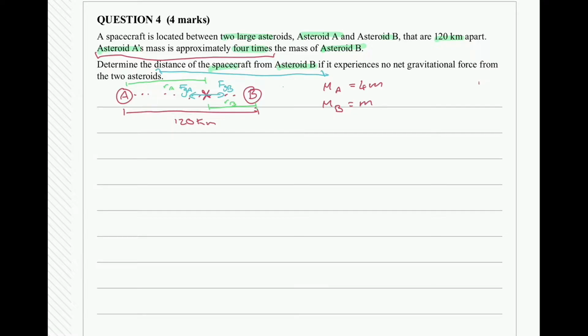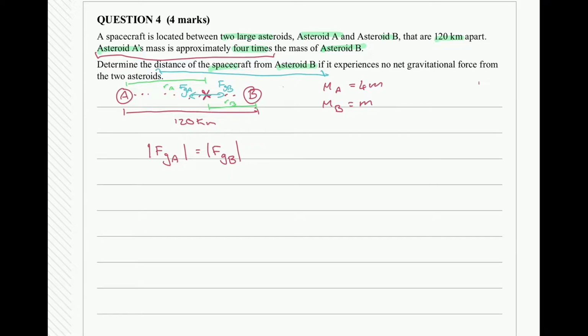So another way to write that as a statement would be, because we're just worried about the magnitude of these two, force of gravitational due to asteroid A magnitude is equal to Fg of asteroid B. So these two statements are equal to one another.